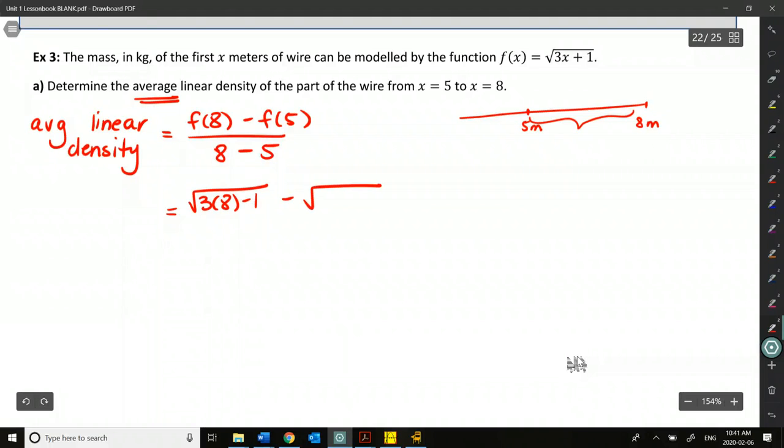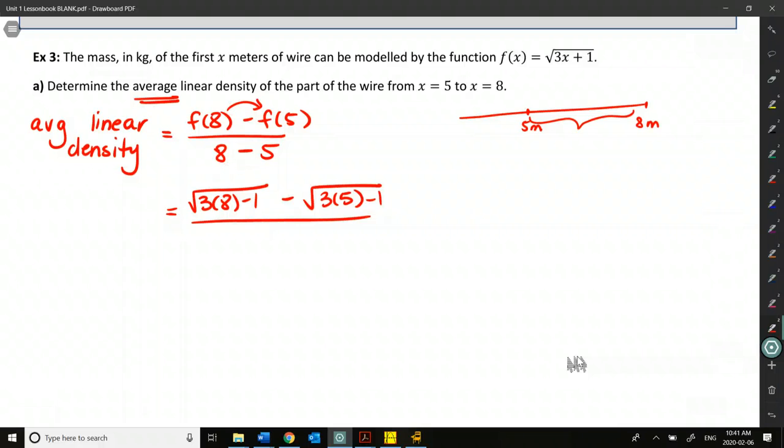Yeah, Essay? It shouldn't matter as long as you're consistent with which one goes first and which one goes second. So if you wanted to, you could switch these around as long as you switch these around, and you'll get the same answer as we do.